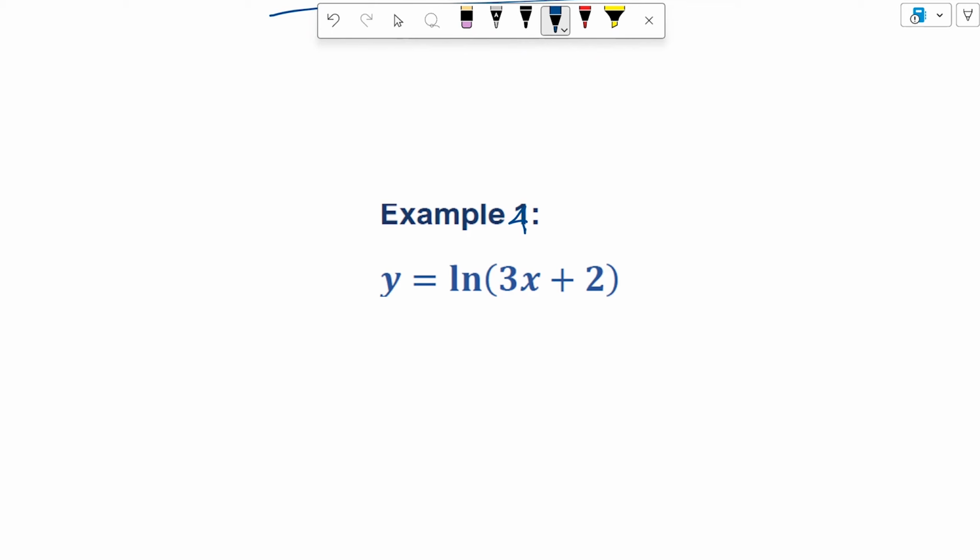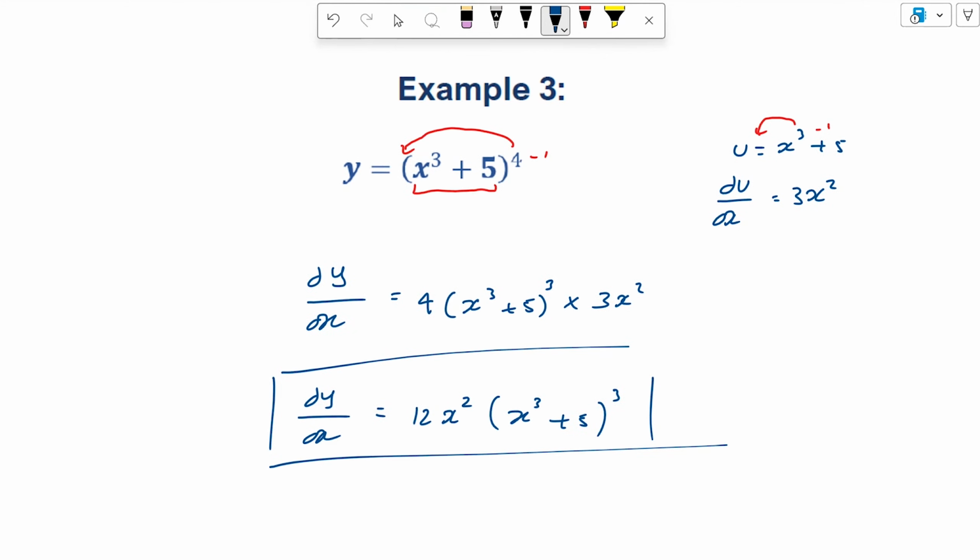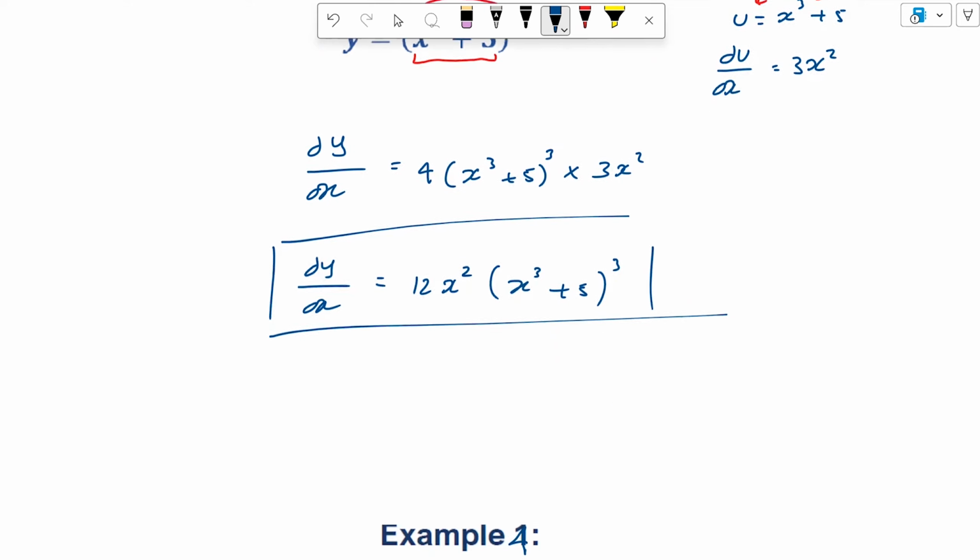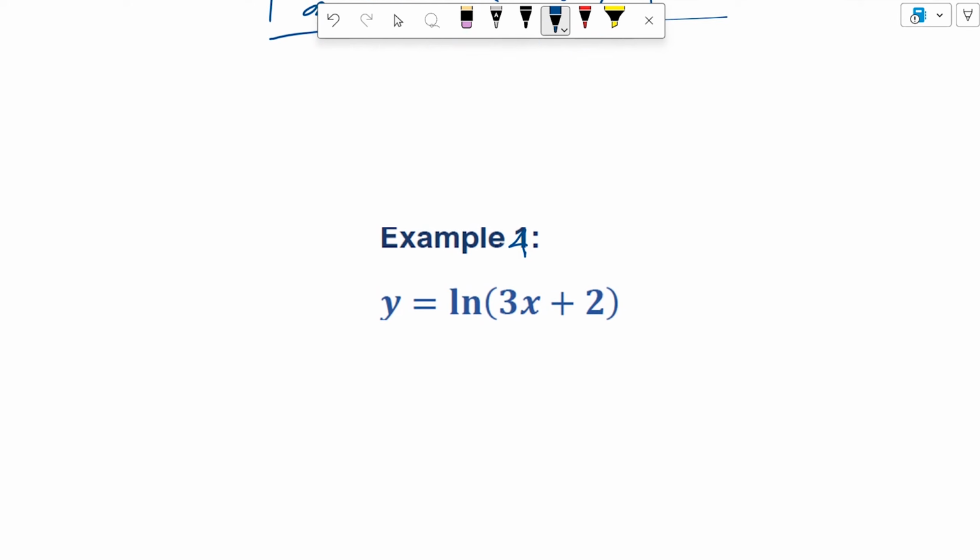Okay. Everything so far follows the same trend of bringing down the exponent and subtracting it by 1. But things start to change a bit when we get into logarithms, ln, exponents, and all that. So here's a basic example. y is equal to ln(x plus 1).